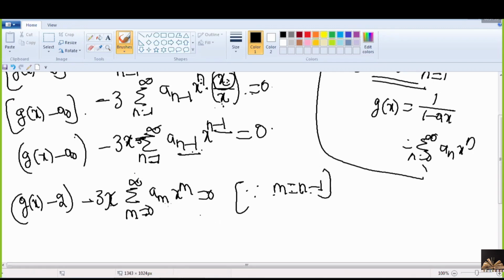Now when you observe this, it is in the form of summation of n equal to 0 to infinity an into x power n. Therefore, whatever the running variable may be, m or n, p or whatever, it is in the form of a generating function. Therefore, you can rewrite this as g of x minus 2 minus 3x into g of x equal to 0.